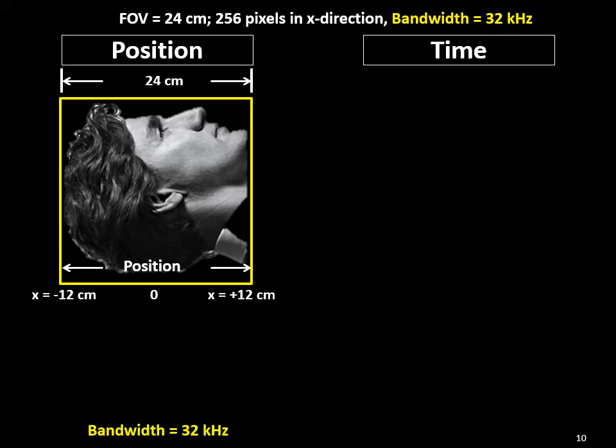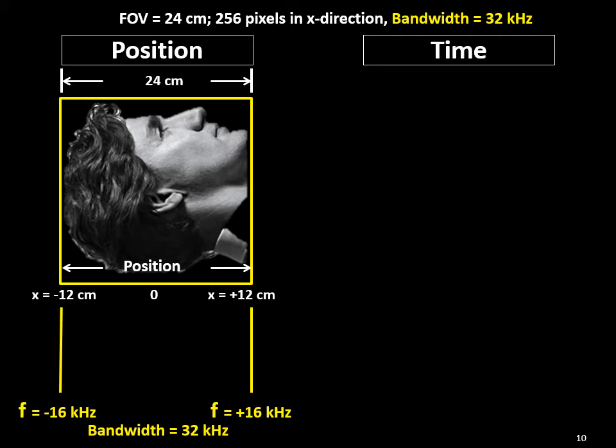And we're going to have a bandwidth of 32 kilohertz. That means at the extreme left of the image, the rotational frequency would be minus 16 kilohertz with respect to the frame of reference, which is at the 0 position. And at the extreme right of the image, the desired precessional frequency is 16 kilohertz with respect to the center.